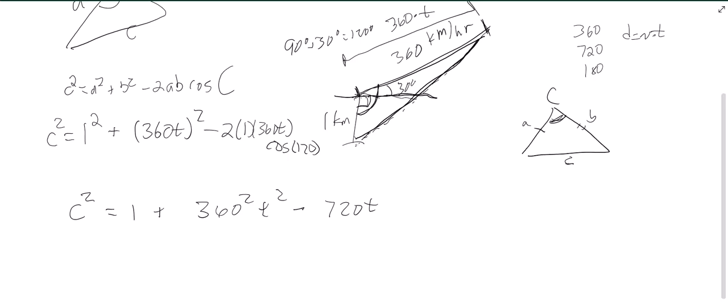So the cosine of 120, that would be in the pi over 3 family, and I believe that would be -1/2. Let me make sure I get that right. That should definitely be right.